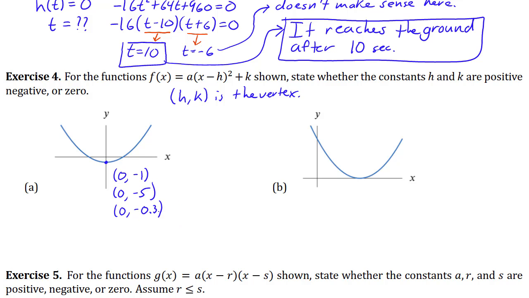But the important thing is the x-coordinate is 0 because you're on the y-axis. You're not going left or right at all. And the y-coordinate is negative because you're below the x-axis. So in this case, h equals 0. K is negative. It's less than 0.